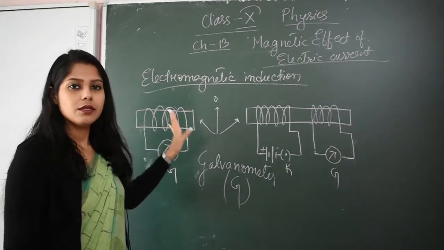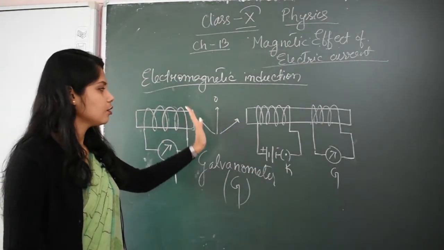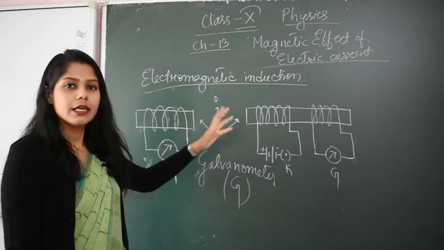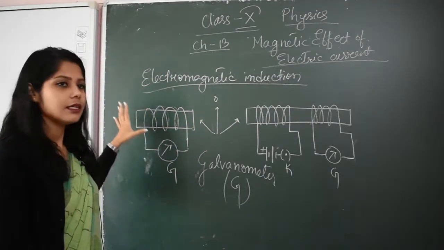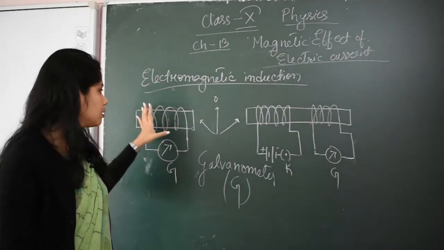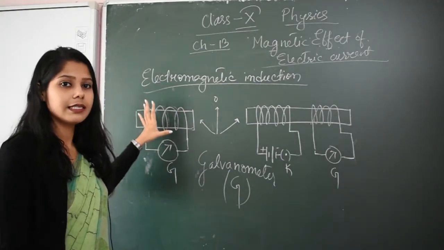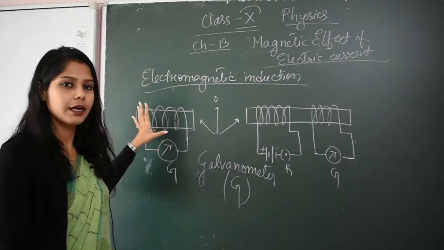So if the galvanometer shows deflection either towards the right or towards the left, then we can understand that a current is induced here. There is a current in this coil. Now we can say this coil is carrying some current.